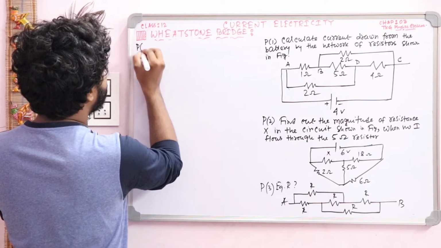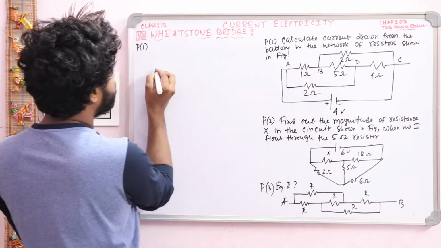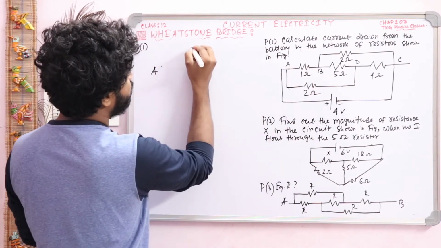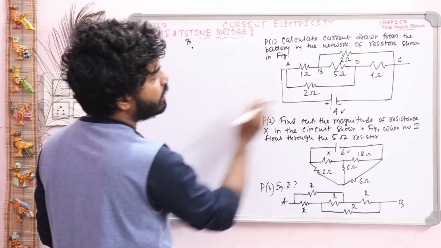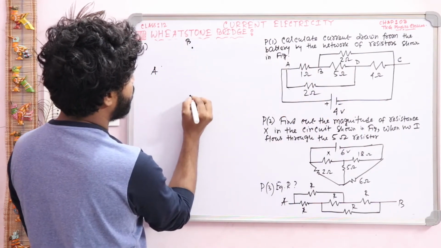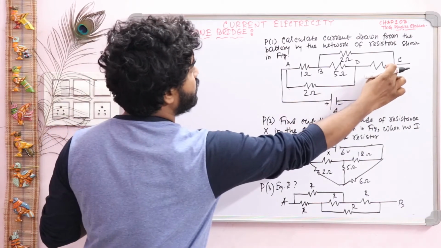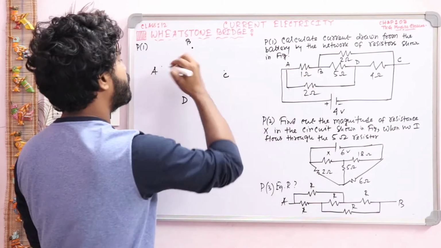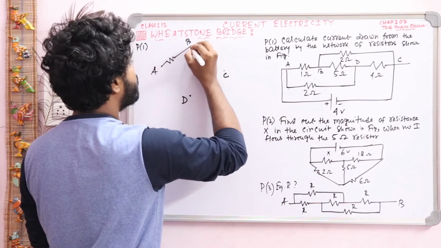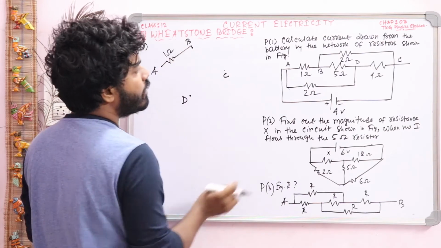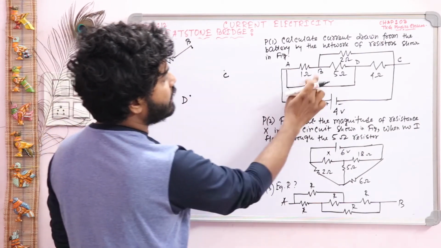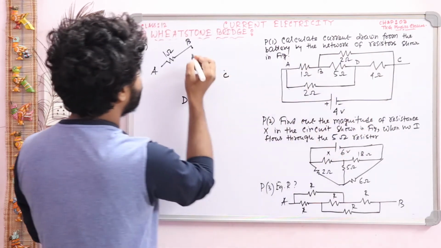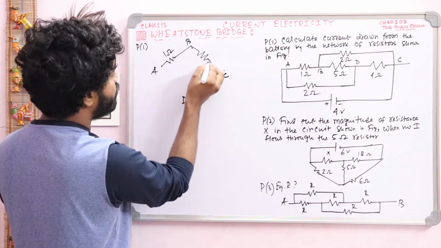Suppose this point is A, this point is named B, this point is D, and this point is C. Now simplify. A to B resistance 1 ohm. B to C resistance 2 ohm.